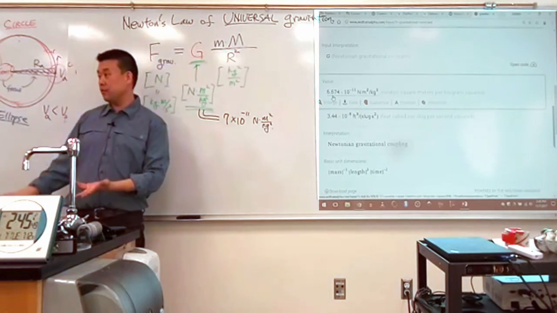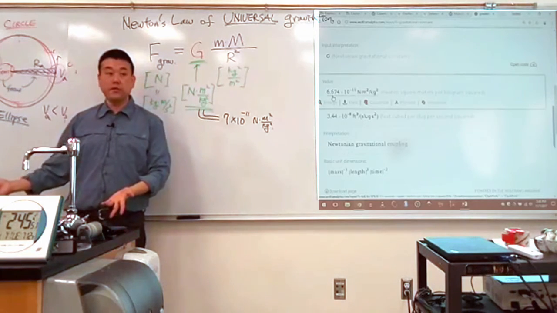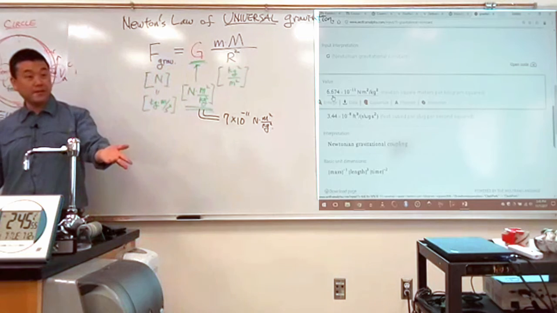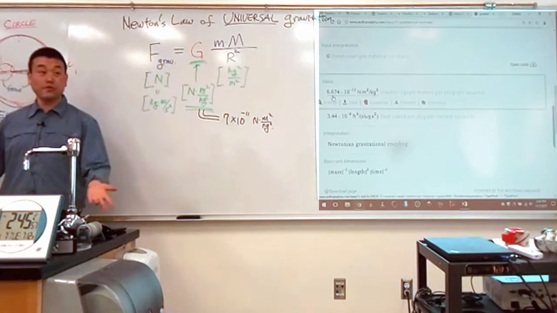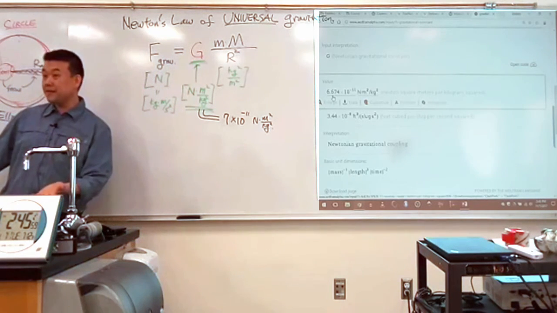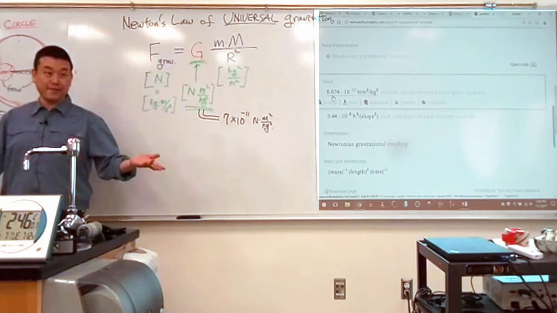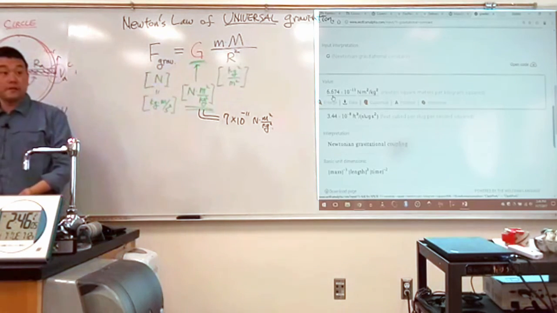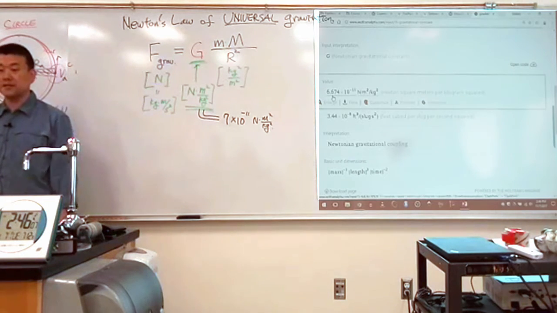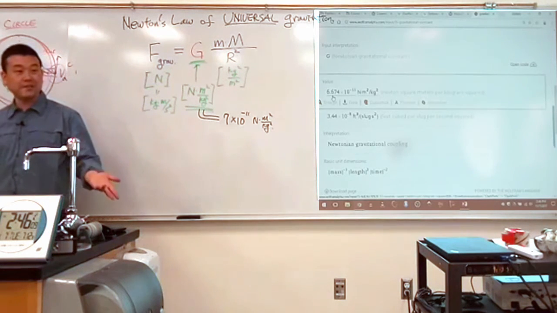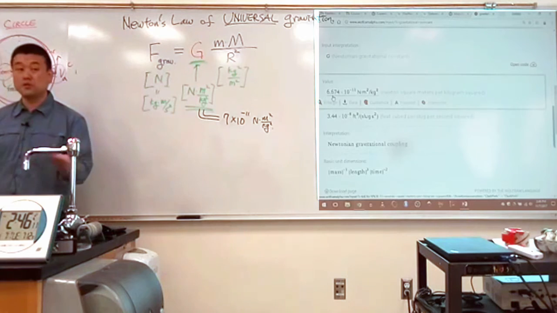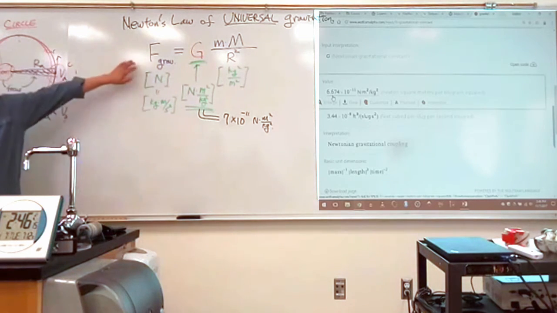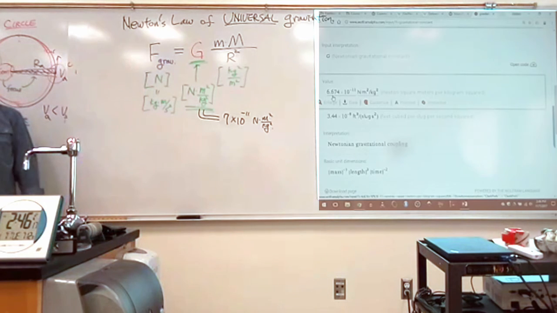You need an astronomically large mass for there to be significant gravitational force, which is why you feel the gravitational force due to the Earth. It's an astronomical body. If you are on an asteroid that's big enough to have large enough mass, then you will begin to feel gravity. But on small objects like your car, 1,000 kilograms, that's not much. It produces almost negligible gravity. Yeah? So this is Newton's law of universal gravitation.